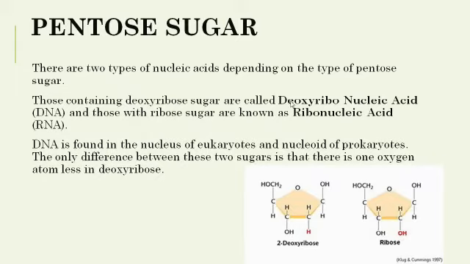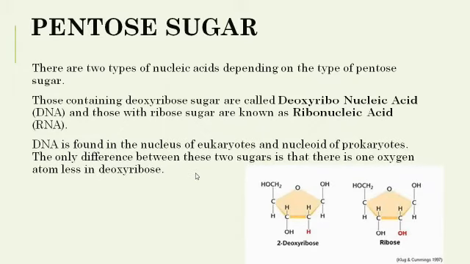So oxygen is absent. DNA is found in the nucleus of eukaryotes and the nucleoid of prokaryotes. DNA is present either in the nucleus or the nucleoid. The only difference is in the 2 sugars, that is, one oxygen less in deoxyribose sugar.